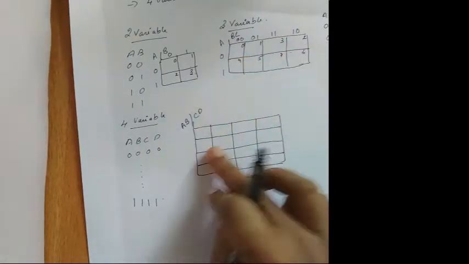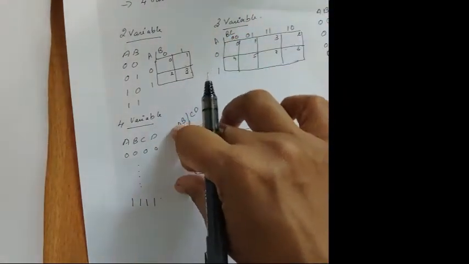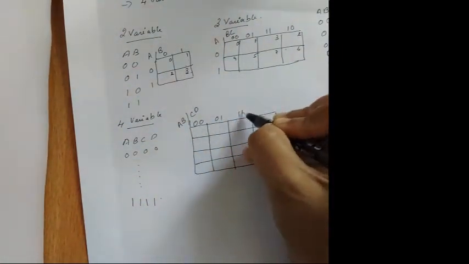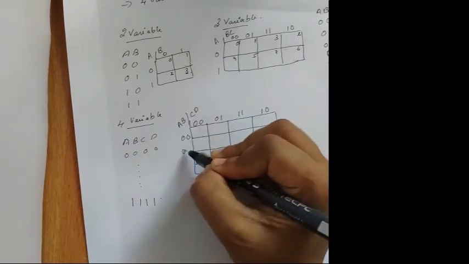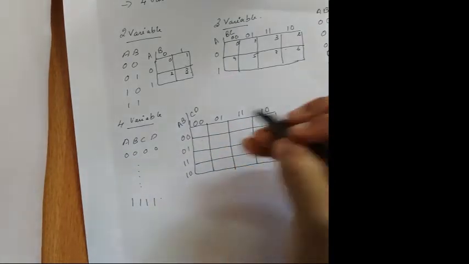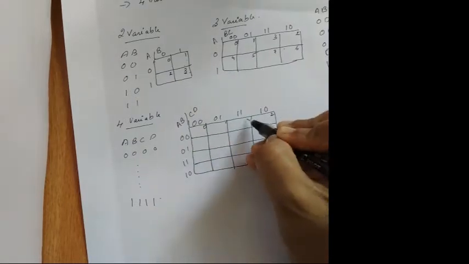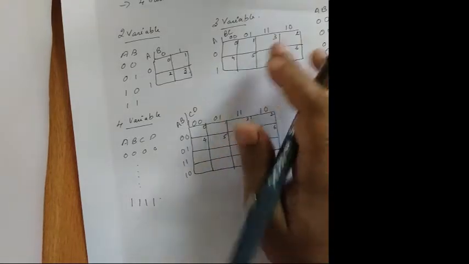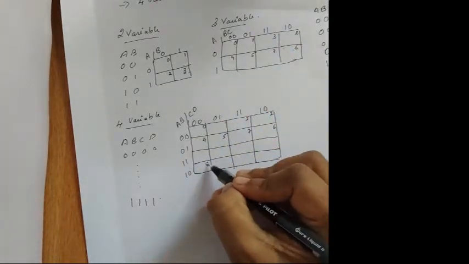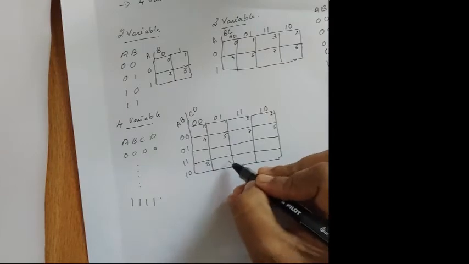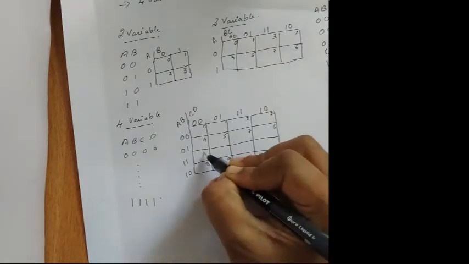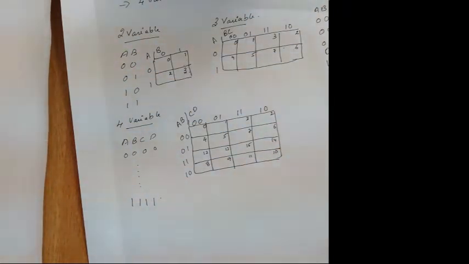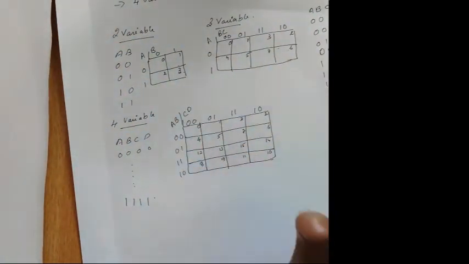As you wrote over here, the same thing will come over here also, because here also you are having 2 states. 00, 01, 11, 10. Then 0, 1, 2, 3, 4, 5, 6, 7, same as you wrote in the 3 bit K-map. Then 8 comes for 1000, and 8, 9, 10, 11, 12, 13, 14, 15. Okay. So this is a 4 variable K-map.